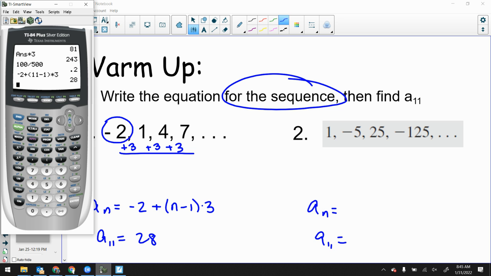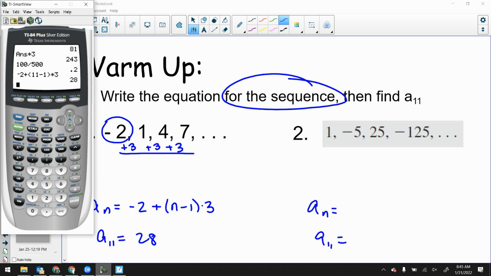Nathan? So after I plugged it in, I understand how you got your answer, but I just solved mine a little bit more. In the parentheses, I put -2 plus 10. So I got 8 and then did times 3, and I didn't get 28. No. You got 30. 11 minus 1 is 10 times 3 is 30.